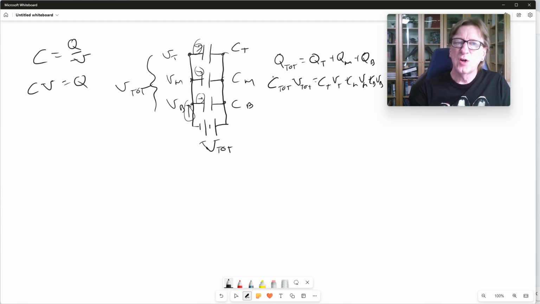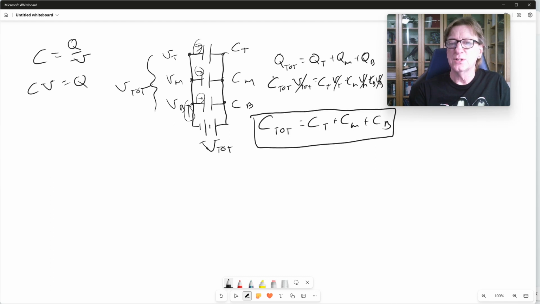But we just said that all of these voltages are the same, so I can divide them all out. And so I'm left with C total equals C top plus C middle plus C bottom.